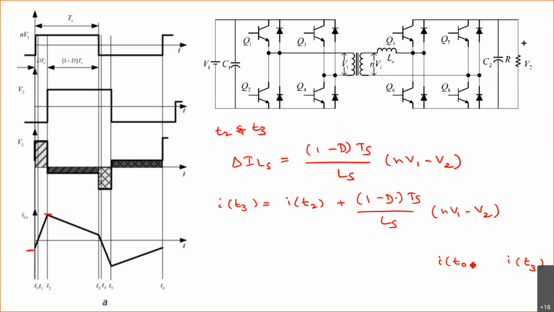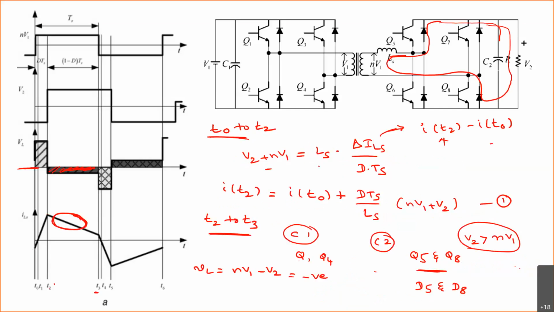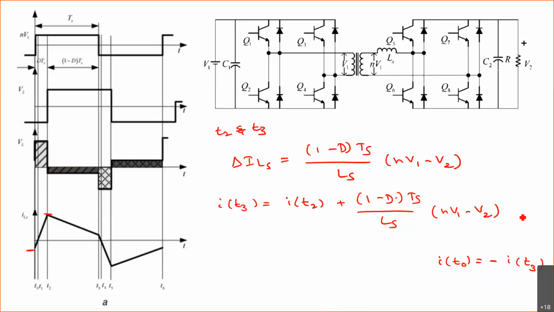So this is required: minus I of T3. We have these three equations. This is one, and this is another equation, this is two.